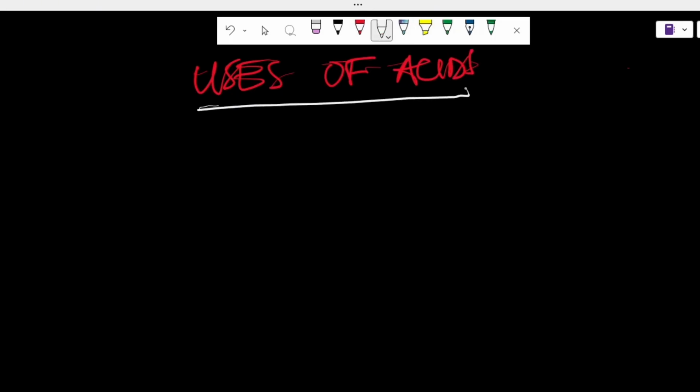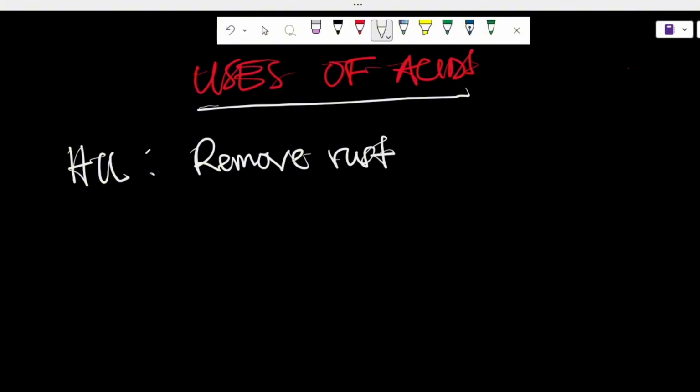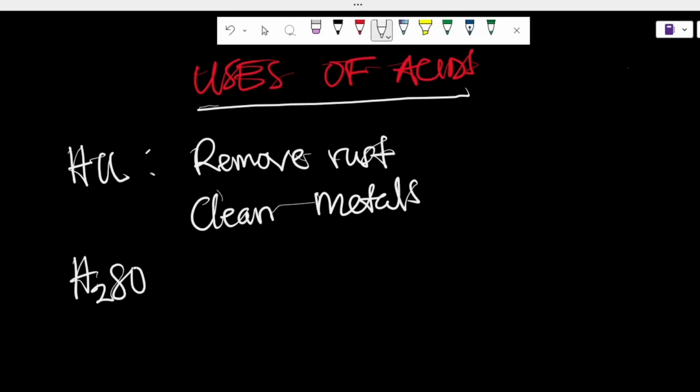Now, what are some of the uses of acids? What would you say? Well, hydrochloric acid is used to remove rust, and sometimes it is used to clean some metals. But when you're talking about sulfuric acid, this is the common acid that is in batteries.